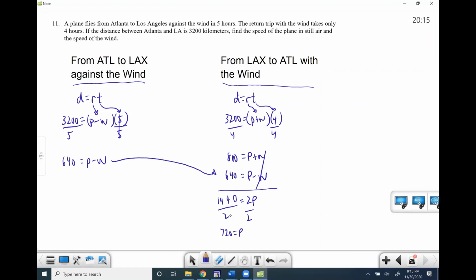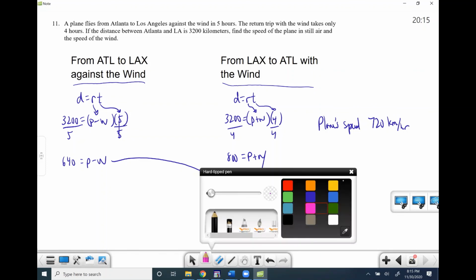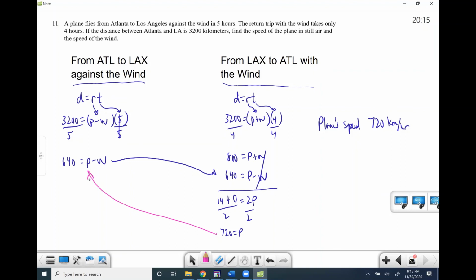720. And at first I was like, planes don't fly 720 miles per hour, I don't think. That seemed fast, but I forgot we're dealing with kilometers. So the plane speed is 720 kilometers per hour, right? And then you could take that 720 here, or you can take that 720 here.